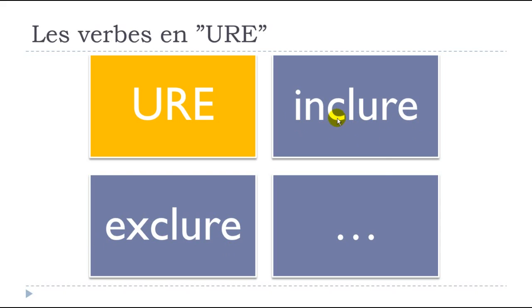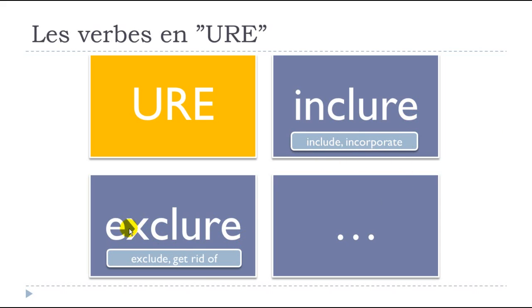I'm pretty sure that you understand what they mean without the translations, but of course I will offer them: inclure means to include or incorporate, and exclure means to exclude or get rid of.